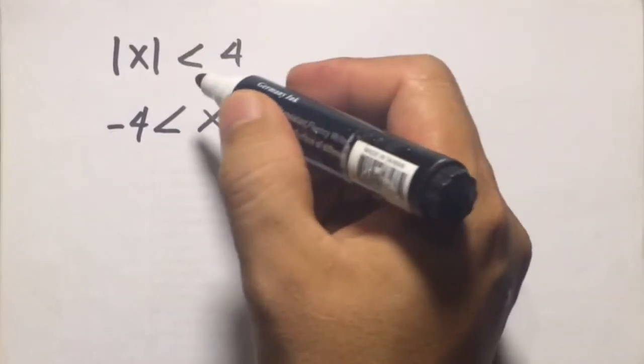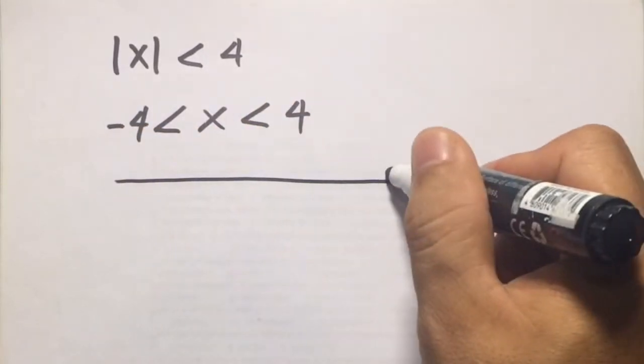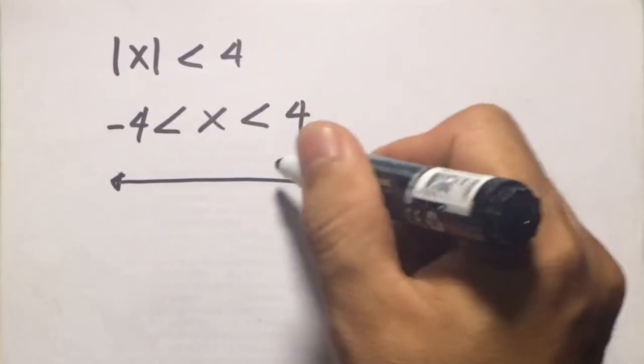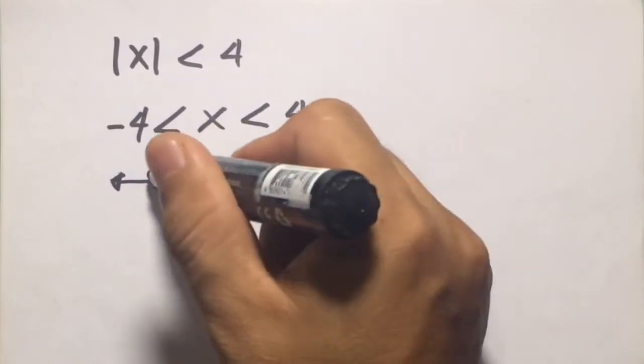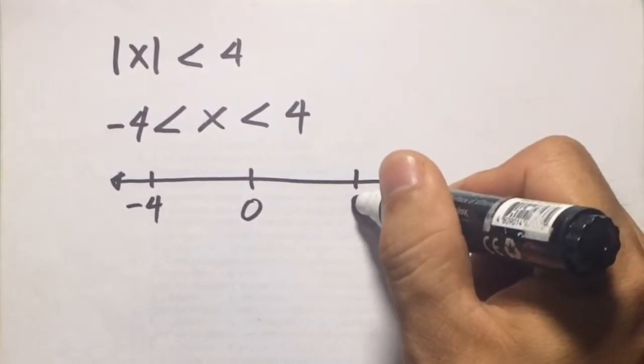So if we're going to have our answer in graph form, we're going to have a number line here and 0, and let's have negative 4 here and 4 here.